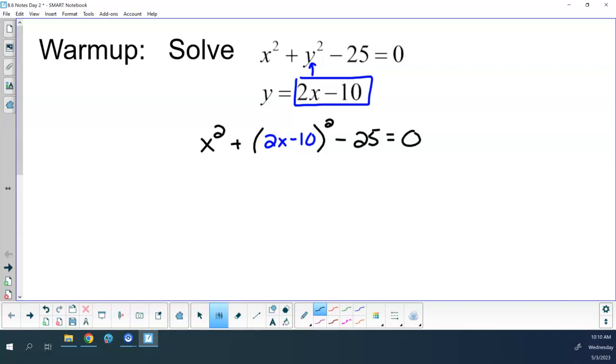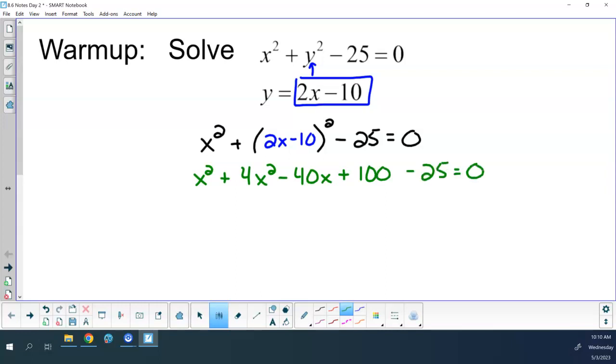So then that gives me x squared plus 4x squared minus 40x plus 100, and then minus 25 equals 0.